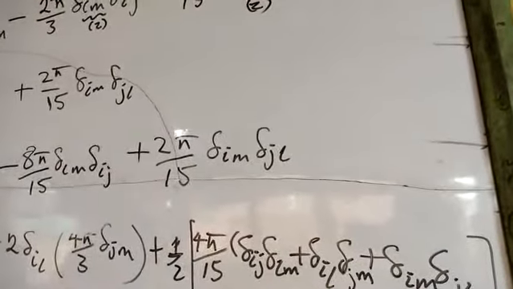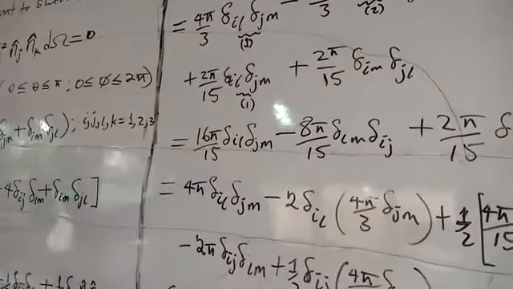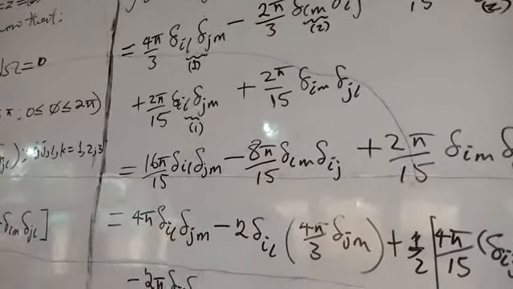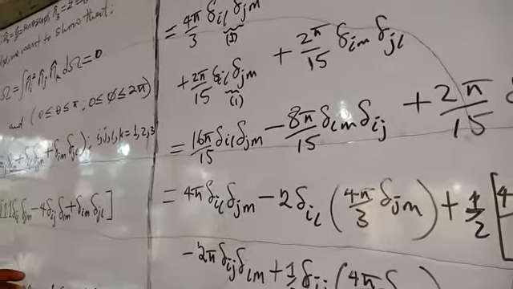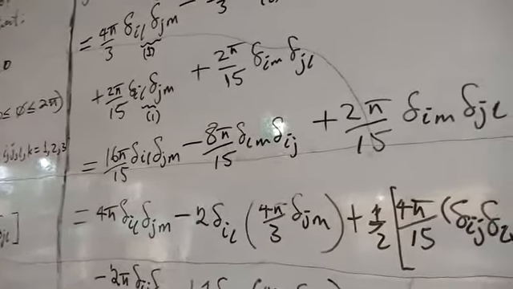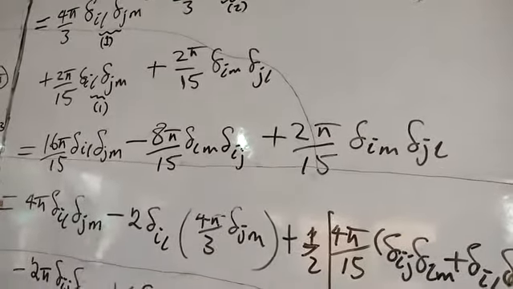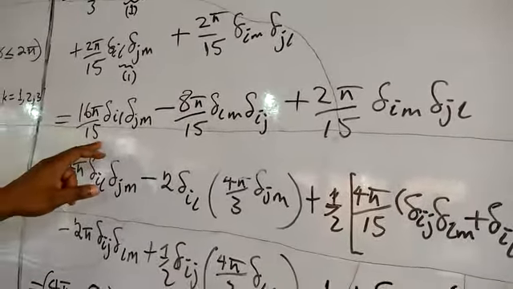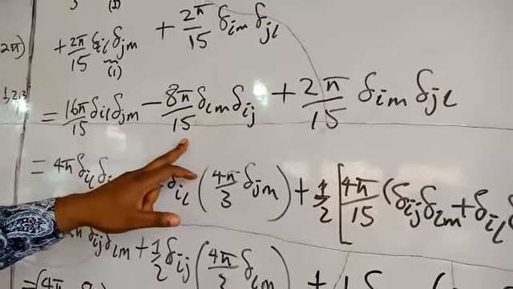Of course, what I intend to pull out, to see if this is all going to be equal, is 2π all over 15. And with this, it means that I've made a mistake somewhere, and that is something I can simply figure out soon. This is 16π over 15, minus 8π over 15, equals 2π over 15.